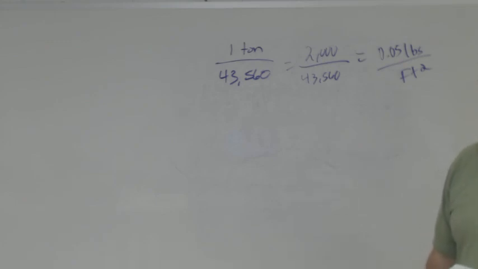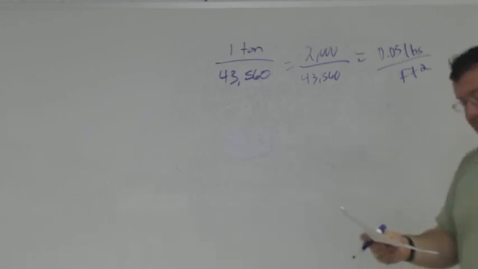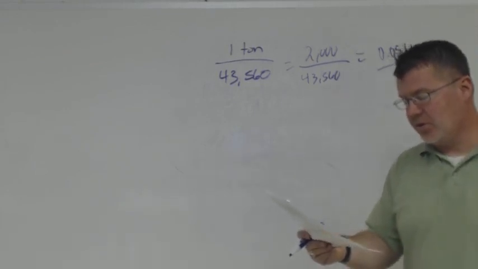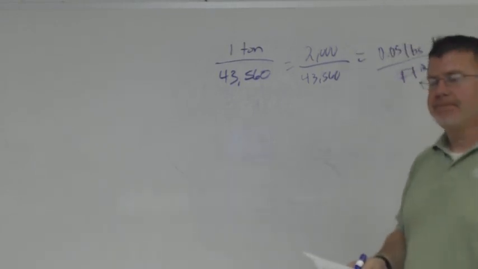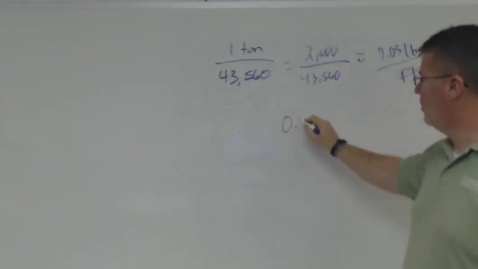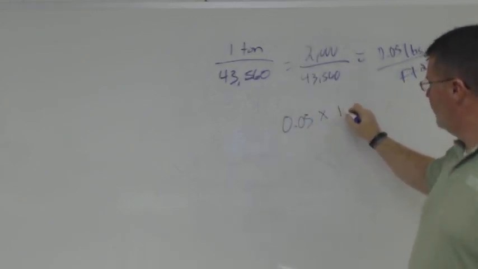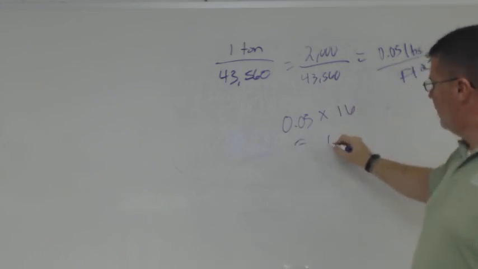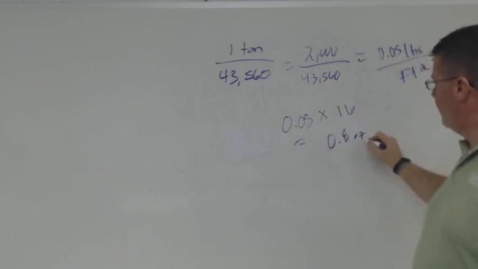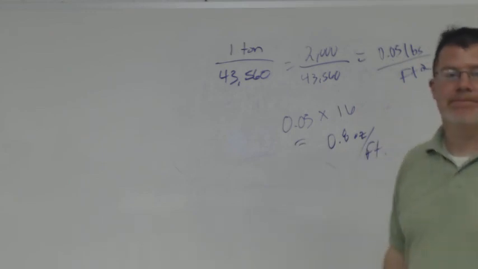We're putting 2,000 pounds on the whole acre, and we're trying to figure out how many pounds we're going to put per square foot. Well, number 15 does ask for ounces. Someone else screwed that number up. 14, the last question, is how many ounces per square foot? Basically, we just say 0.05 times 16 is 0.8 ounces per foot.